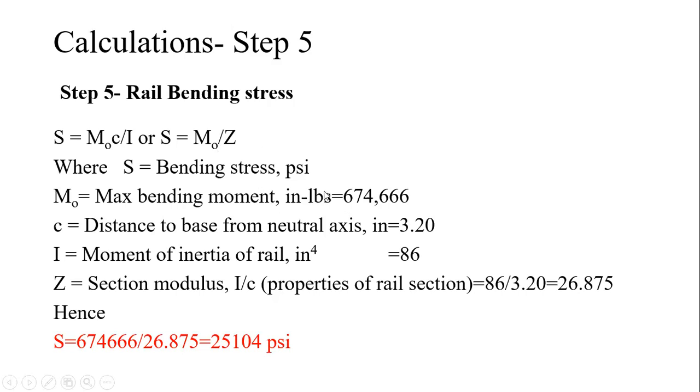We know that M naught we have already calculated in the previous step. Z is simply the moment of inertia divided by c. So that's how we calculate the stress in the rail, which is 25,104 psi.